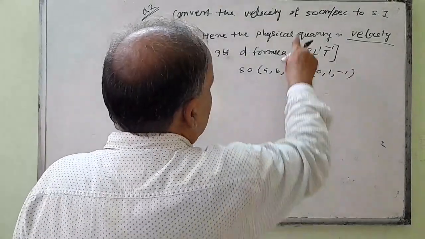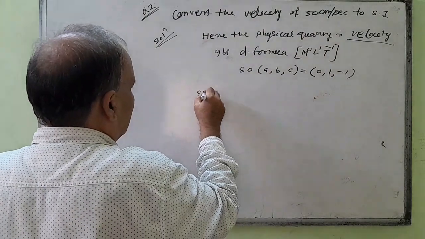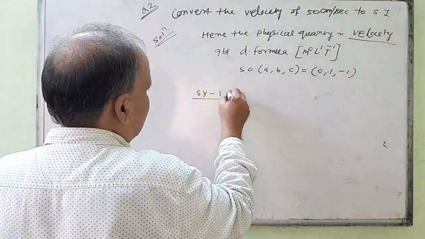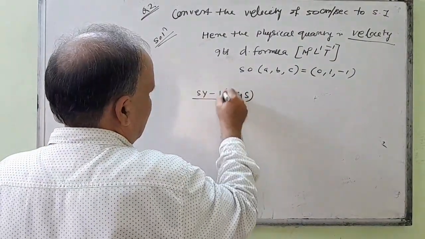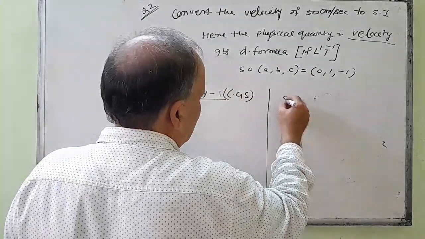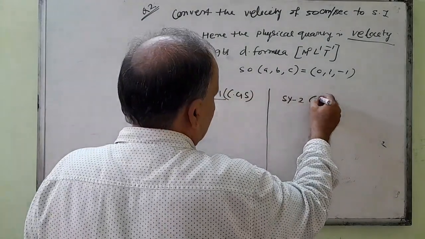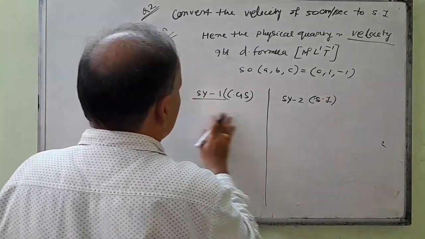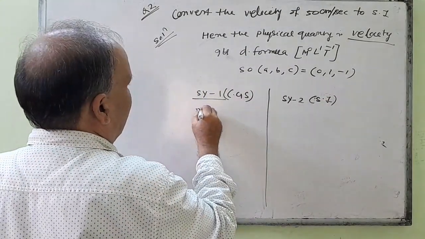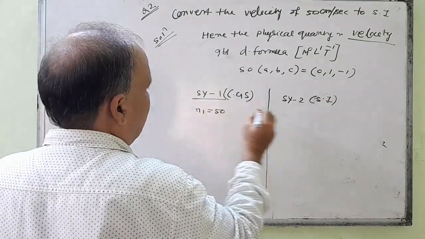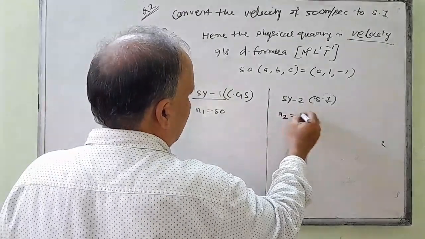Here it is given centimeter per second. Here this is your system 1, it is your CGS, and here it is your system 2, that is your SI. You remember, here N1 is equal to 50, you have to find N2.